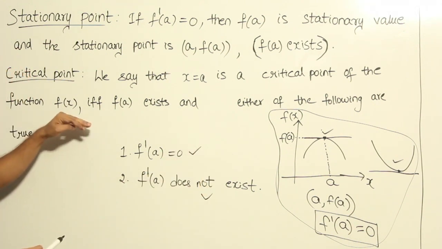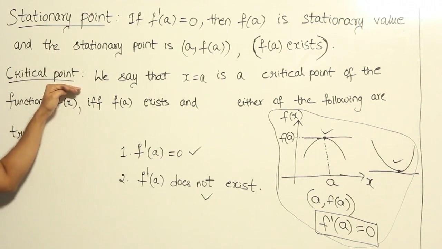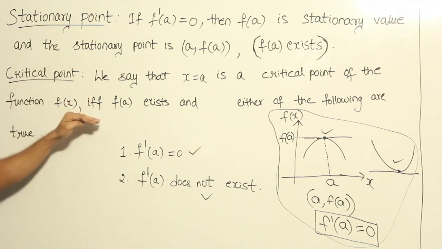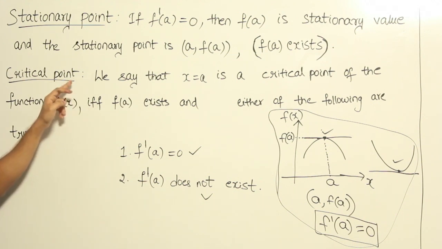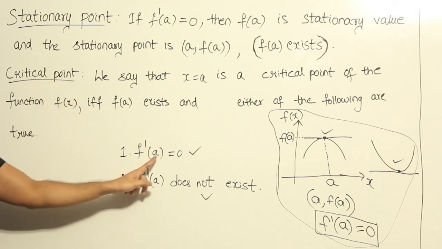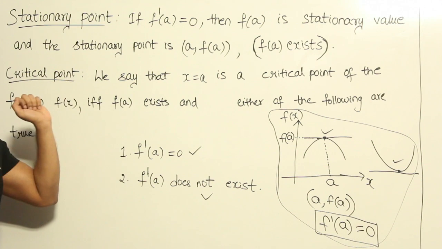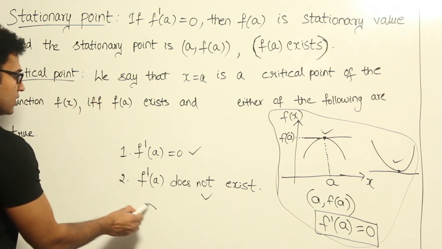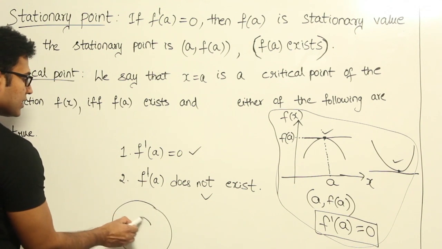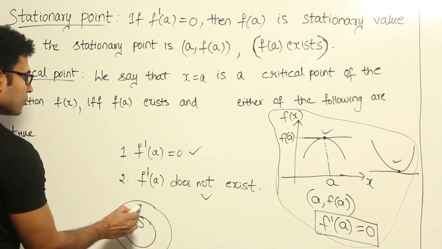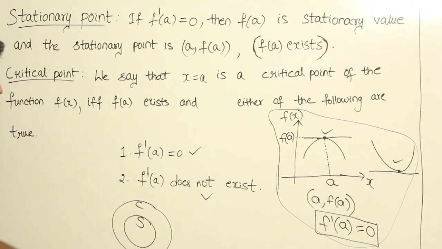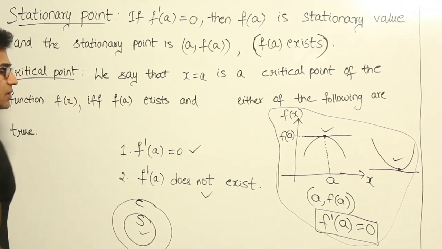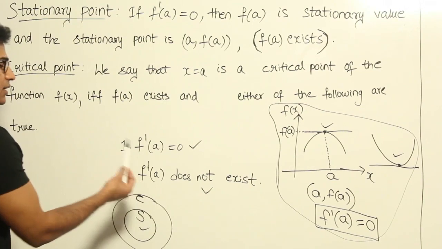Now if you look at the definition of the stationary point and critical point, every stationary point satisfies the definition of the critical point. The reason is, for every stationary point f dash of a equal to 0 and f of a exists, right? Therefore every stationary point is definitely going to be a critical point, right? And sometimes, instead of talking about the stationary point in the questions, they are talking about the critical point.